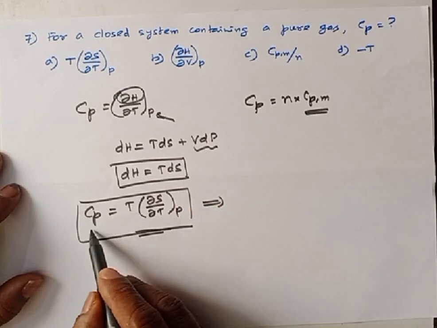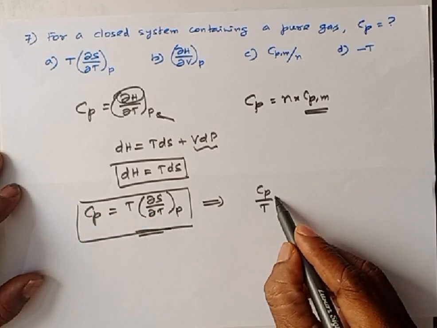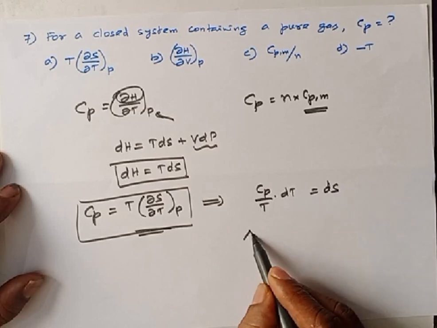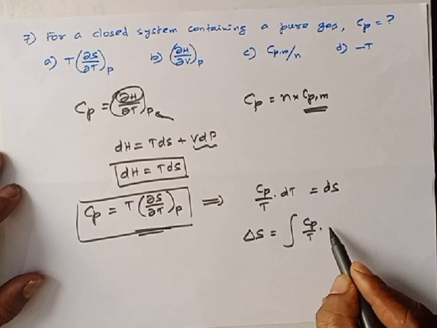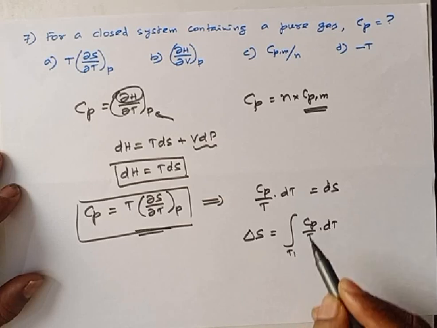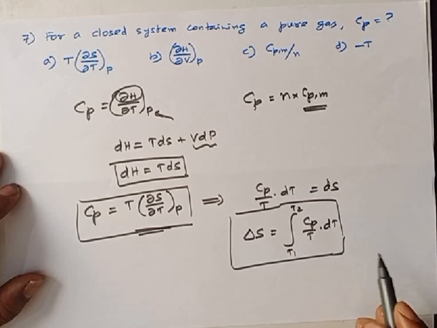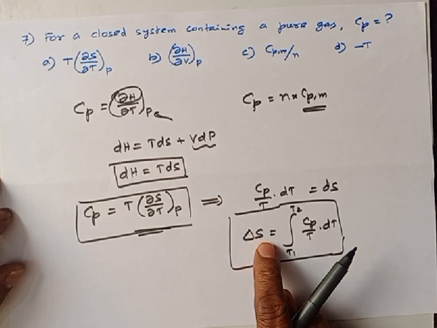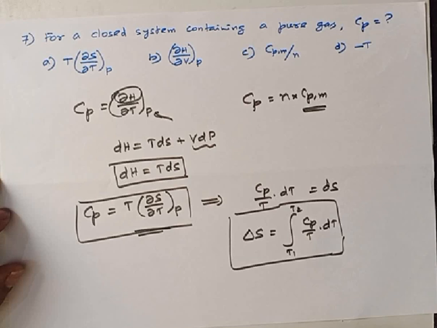See, bring this T to this side, Cp by T, and bring the dT to this side, Cp by T into dT, which is equal to dS, or delta S is equal to the integral of Cp by T into dT from T1 to T2. Listen, this is applicable to find the change in entropy when we carry out isobaric heating or isobaric cooling.